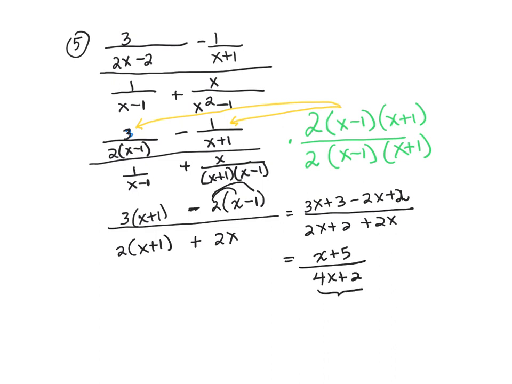Even though we can factor this, we cannot divide through anyway, so we'll leave our answer like this, with the understanding that x is not equal to negative 1/2, which makes this denominator here 0, 1, which would make one denominator 0, negative 1, and 1, negative 1, and I think that's it. I think we covered all the denominators.